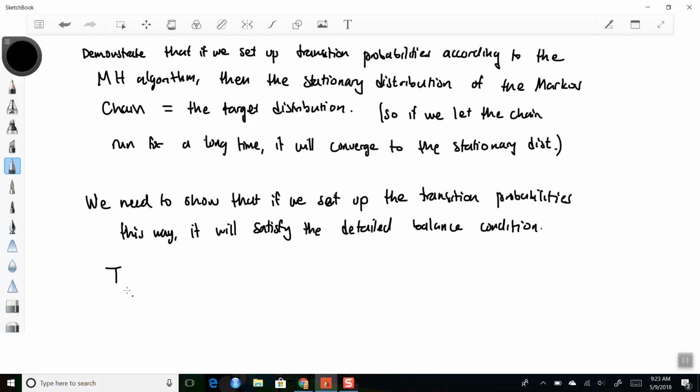And so the detailed balance, we'll say T of xk plus 1 given xk times the probability of xk is equal to T of xk given xk plus 1 times the probability of being at xk plus 1.